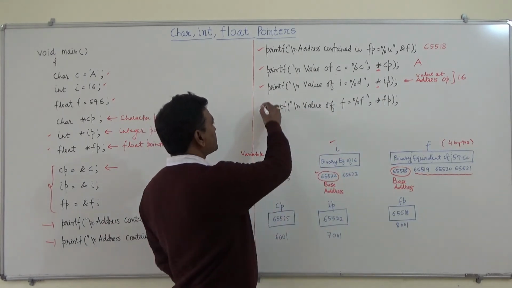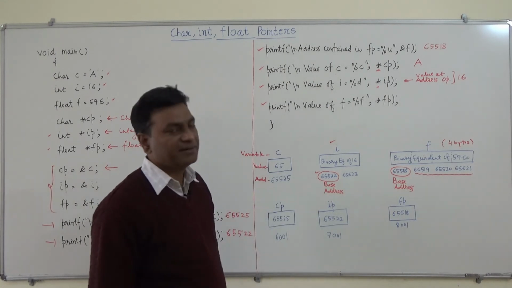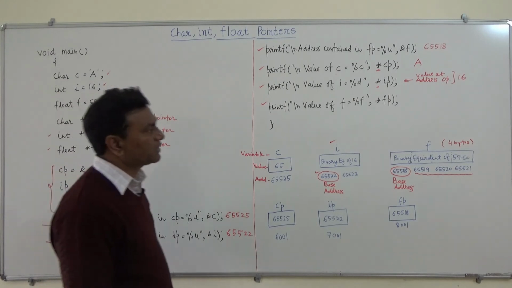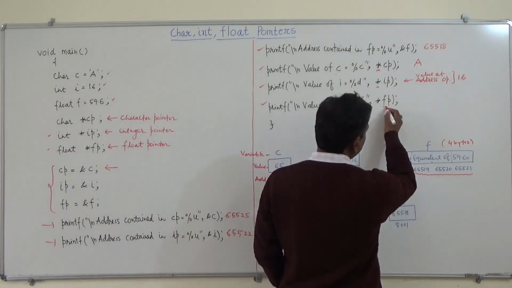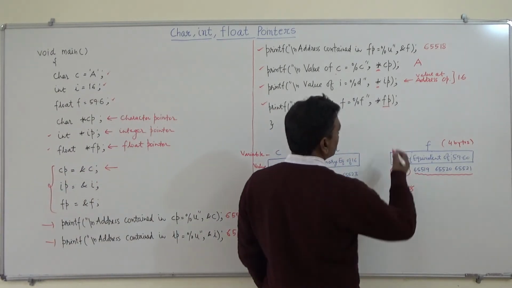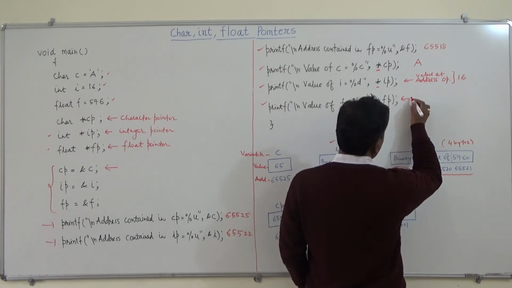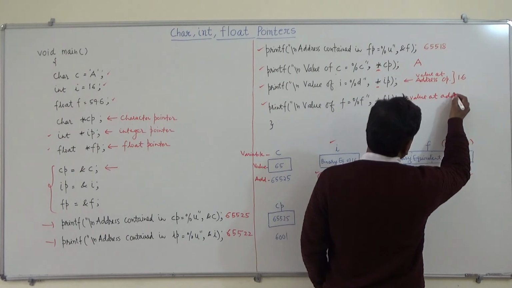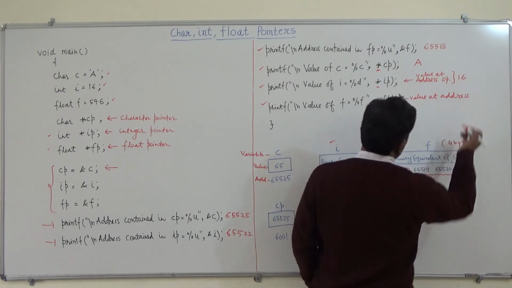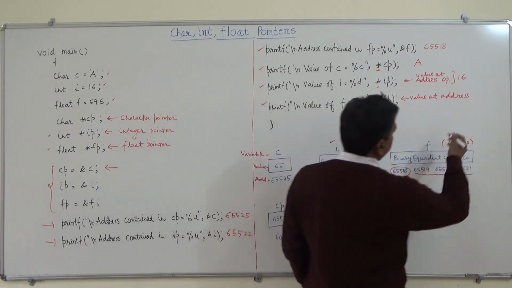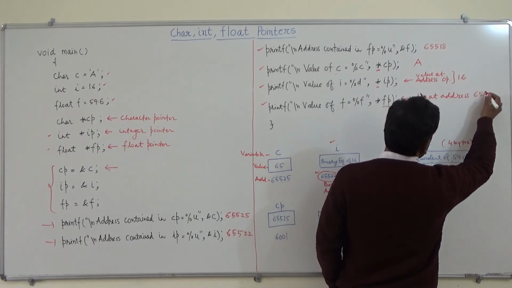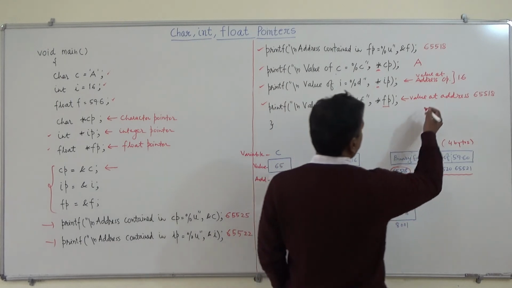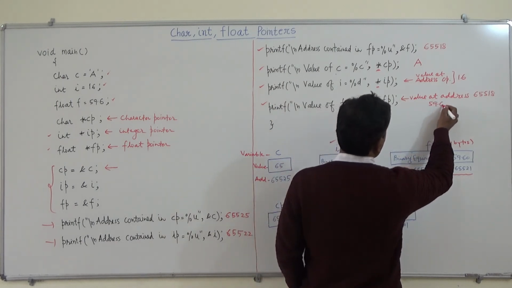Now the third one is, we want to print the value of F, that is the float, and its value is 59.60. Again we are printing the value at address 65518, and the value is 59.6.